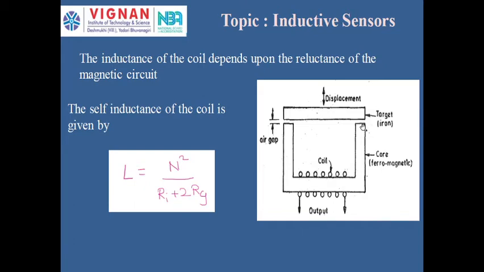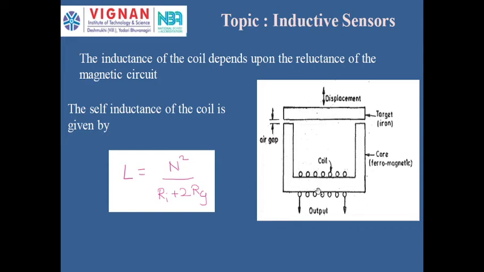Once again, the coil is wound on a ferromagnetic core, and a target which is also iron or ferromagnetic is placed near this core. Now we'll see what happens by changing the displacement. The inductance of this coil depends upon the reluctance of the magnetic circuit provided by this target.